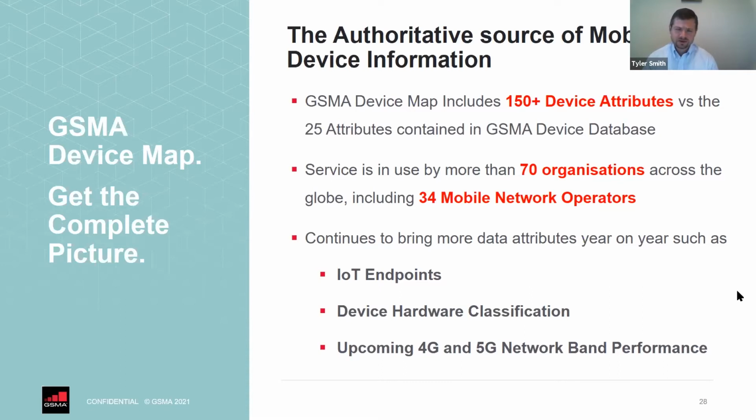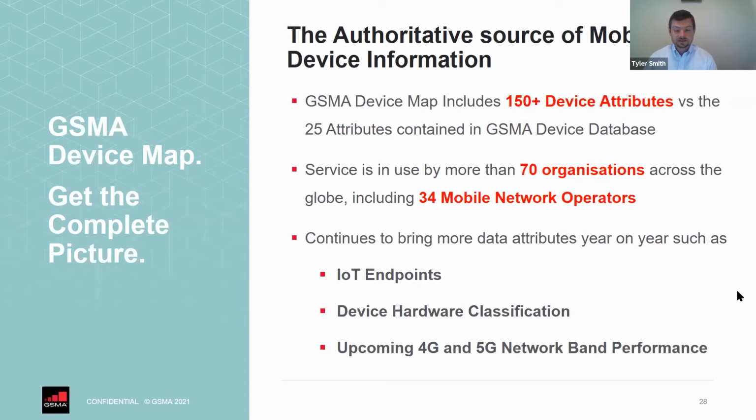Some quick things about getting the full view of what device map is: it is the authoritative source of mobile device information across all landscapes. Device map currently includes more than 150 attributes versus the 25 attributes contained as of today in our standard device database offering.